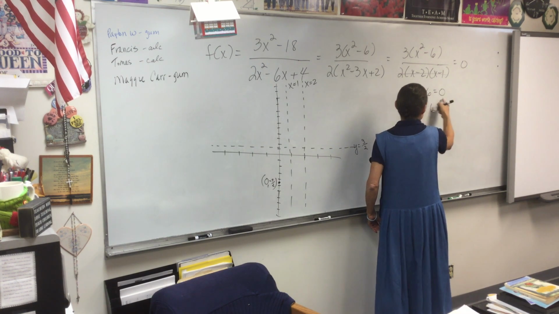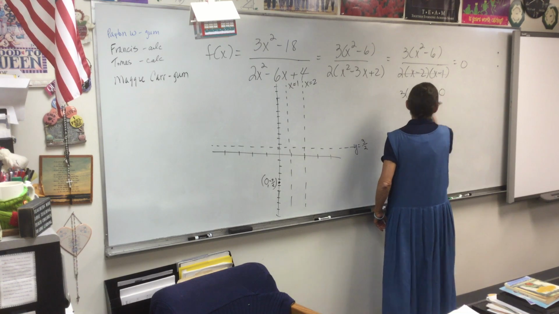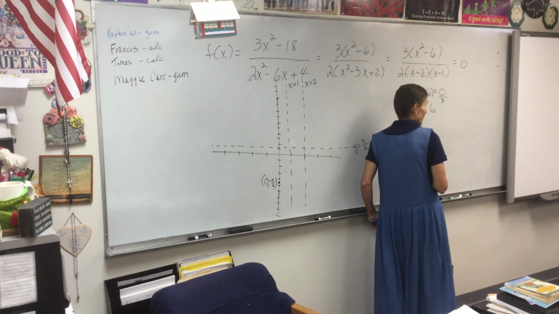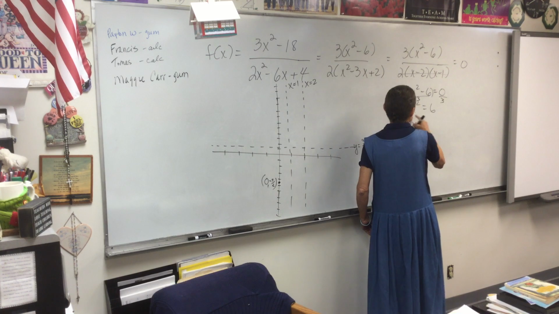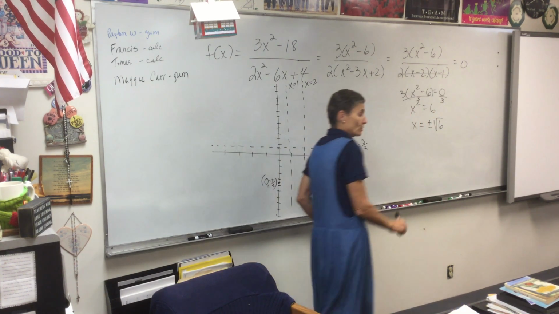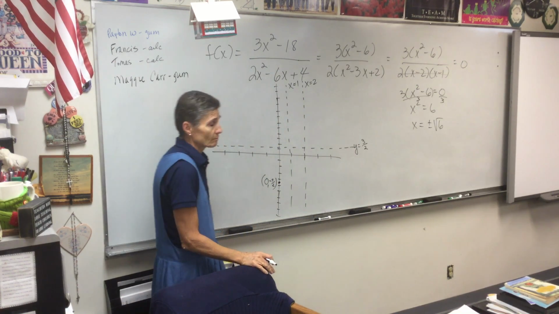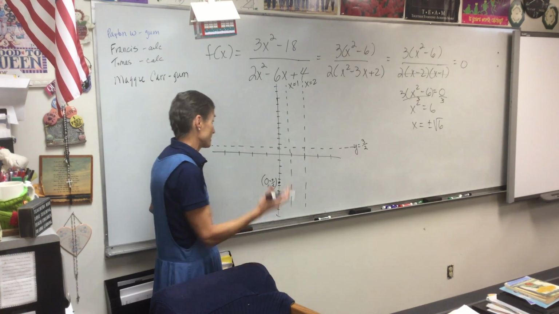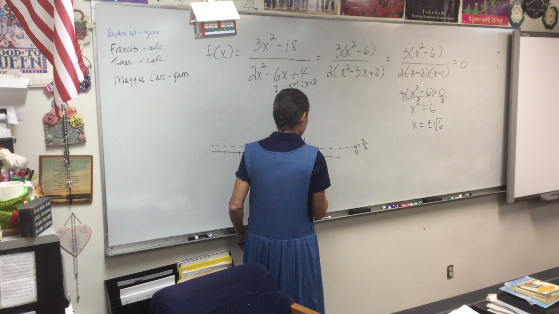Divide both sides by 3. Come on, you guys. We're past algebra. X squared equals 6, so x equals plus or minus root 6, which is 2 point something.